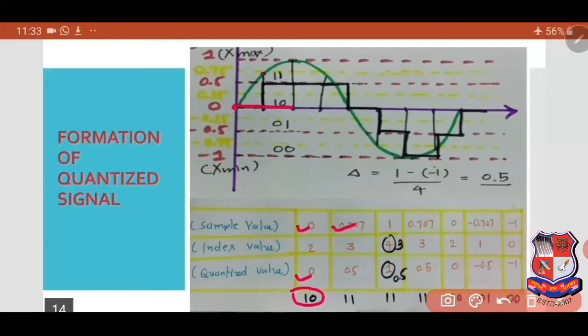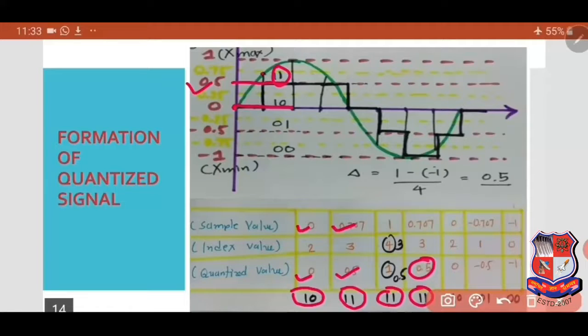Further we will move towards the quantized value of 0.5. On the line of quantized level 0.5 it is 1 1. Further we can see once again for the 0.5 that is 1 1, and once again it will be 1 1.